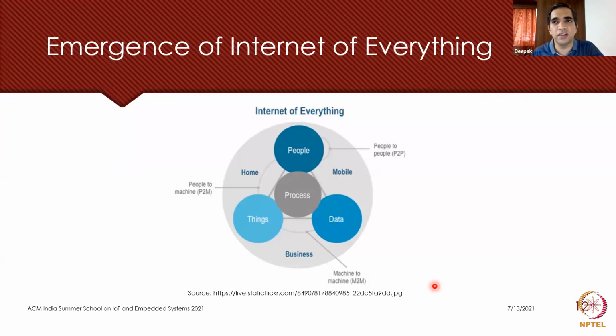The way data has to be handled needs to be taken care of with a lot more newer technologies than just what cloud provides. So that's one of the challenges that we have.